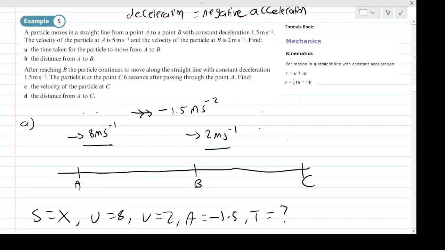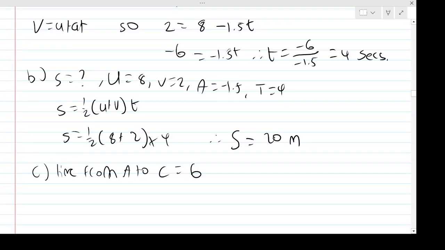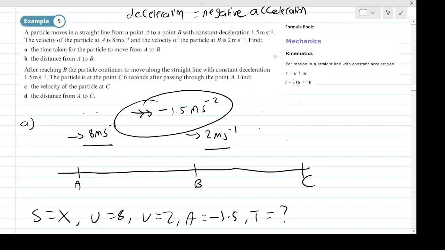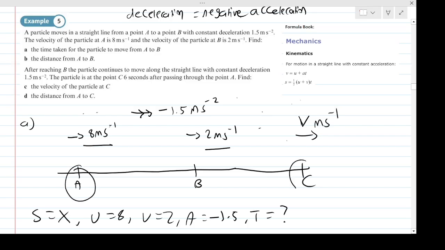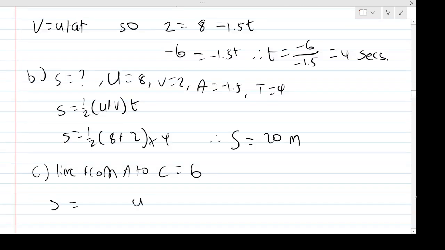Anyway, so the velocity of this particle. What we're given, well, again, the acceleration is still minus 1.5. So let's list our SUVAT. So we want the velocity at C, so I'll call this velocity V, meters per second. If we start from A to C, the initial velocity is 8, so U is 8.